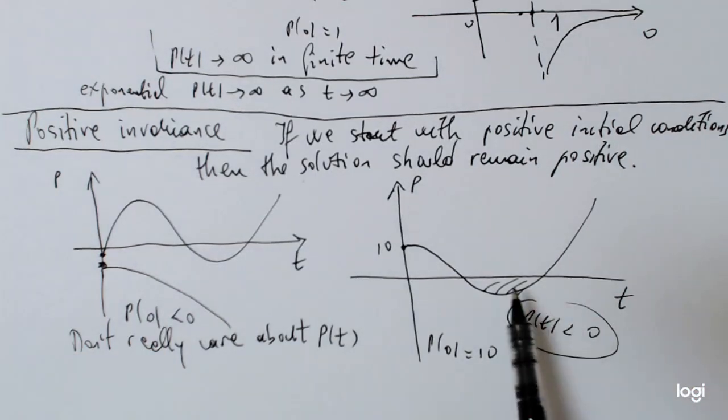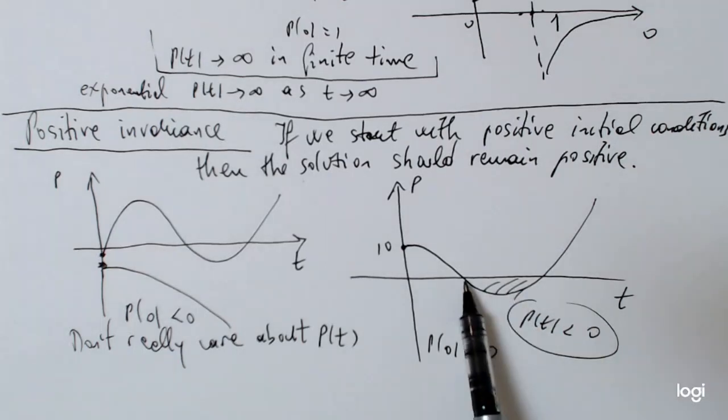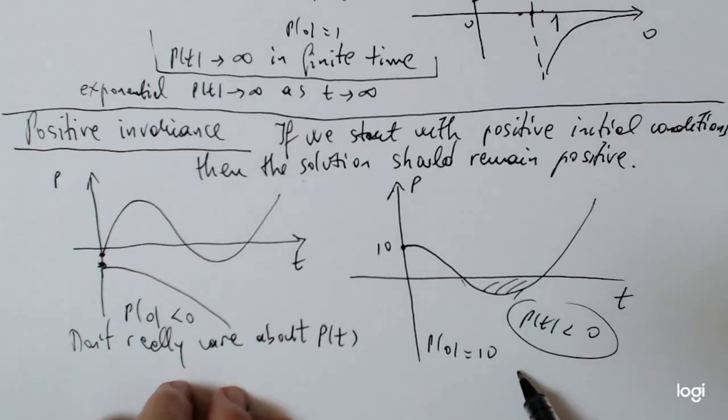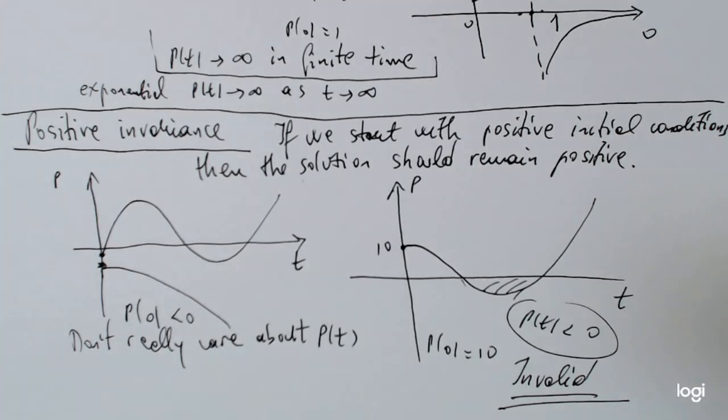Again, it doesn't have to be negative all the way through, but if it's negative for a portion of time, then we have an invalid model, because something is incorrect in the build of the model. Assuming, of course, there is no math error. But if your model predicts this, then it's an invalid model, at least if you want to use the model for the whole time range, because we should make this qualifier.